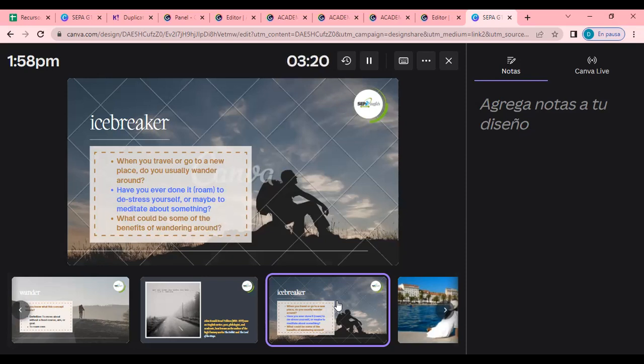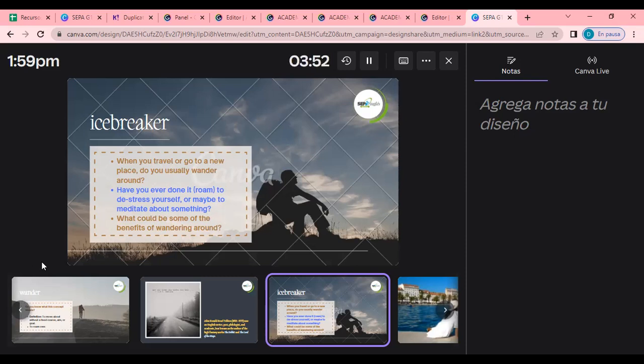What could be some of the benefits of wandering around? Just think about it.